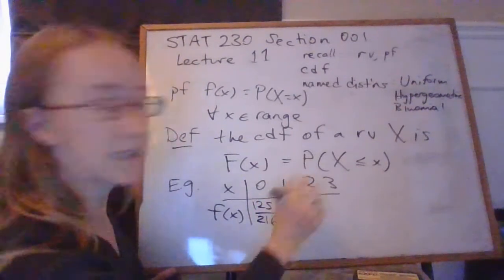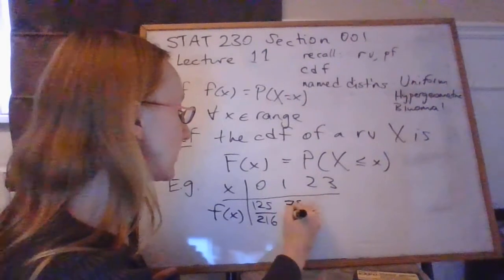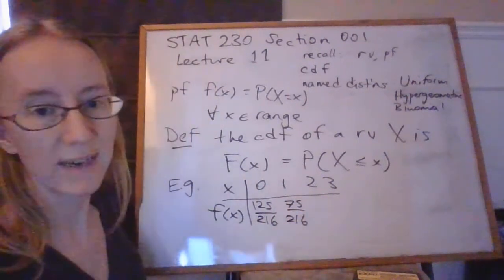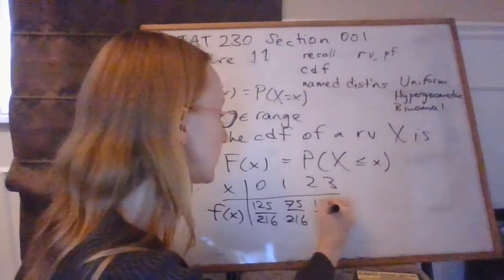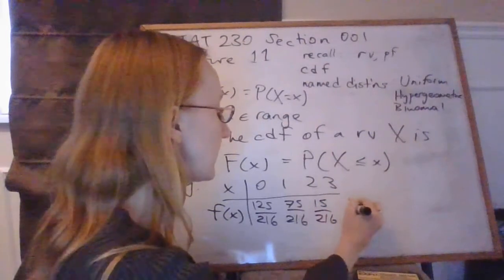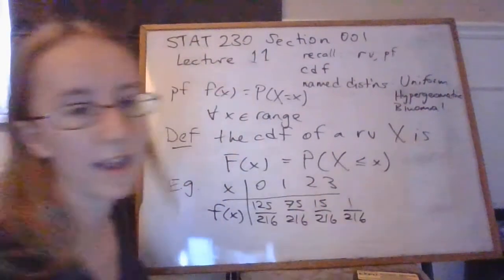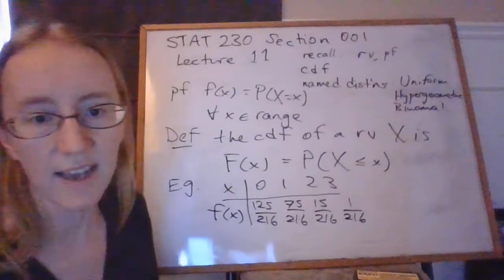For 1, it was 75 over 216. For 2, it was 15 over 216. And for 3, it was 1 over 216. So we calculated those at the end of last class.